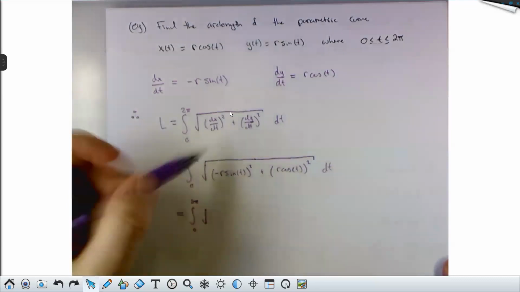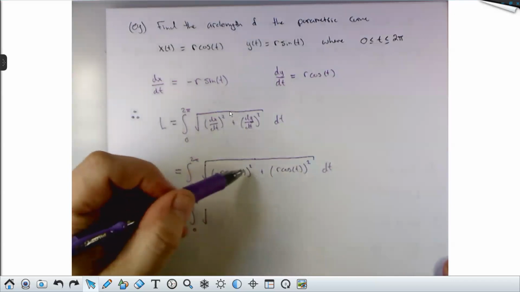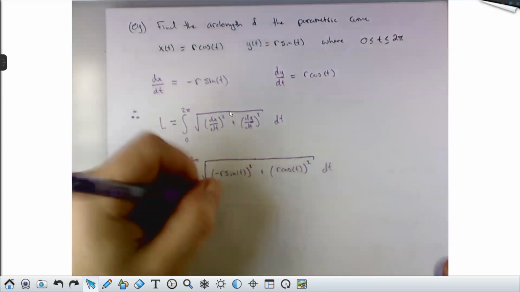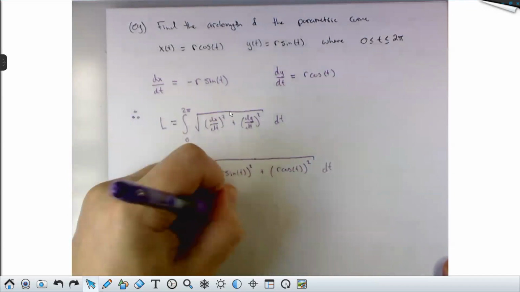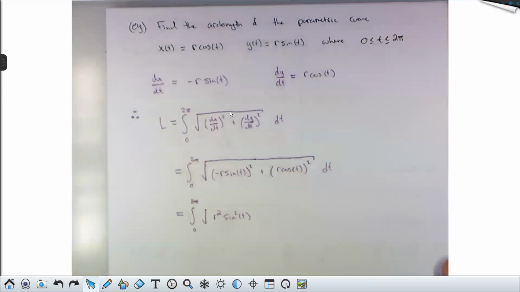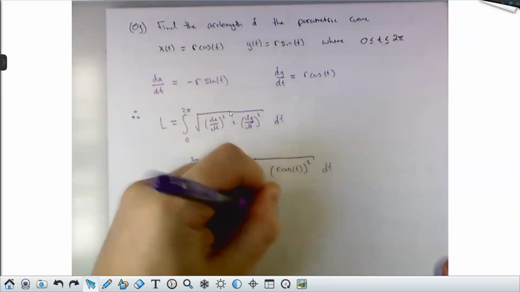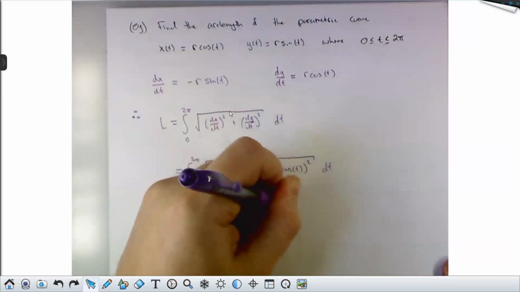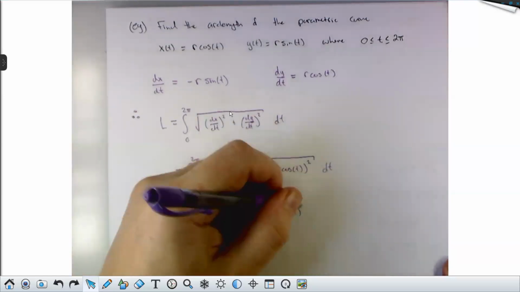This time, though, if you take negative r sine t and square all of that, you get positive r squared sine squared t. If you take r cosine of t and square it, you get r squared cos squared t.